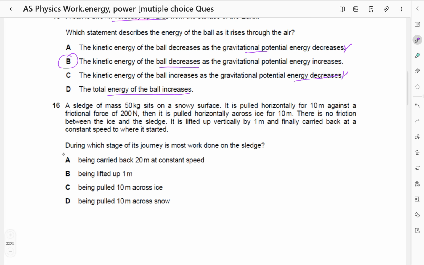A sledge of mass 50 kilograms sits on a snowy surface. It is pulled horizontally for 10 meters against a frictional force of 200 newtons. Then it is pulled horizontally across ice for 10 meters.